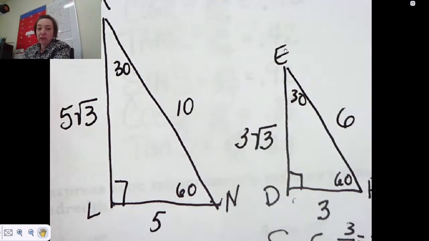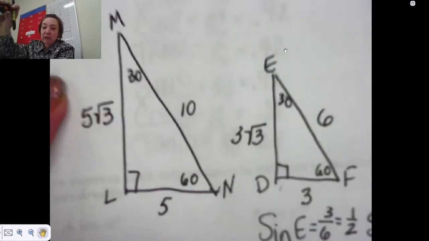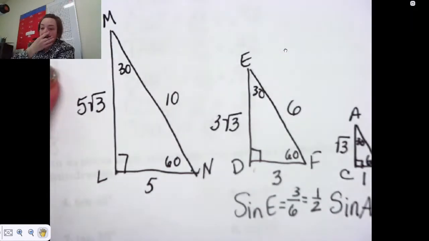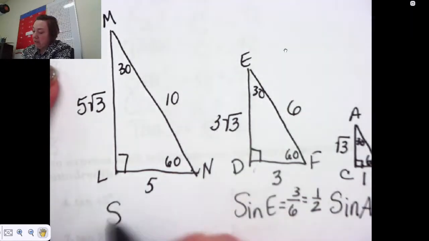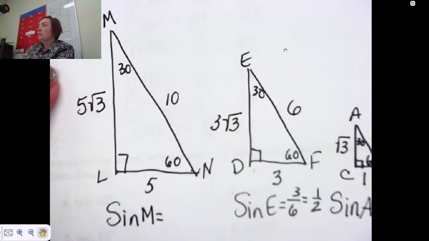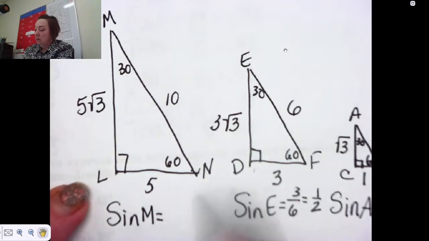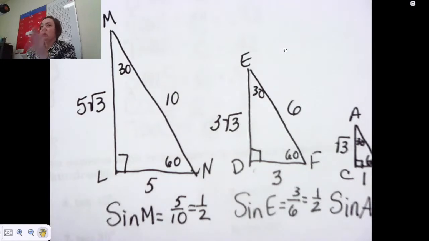If I want to find the sine of M, which is my 30-degree angle, it's going to be 5 over 10, which simplifies to 1/2. Do you see how we're still getting the same numbers?